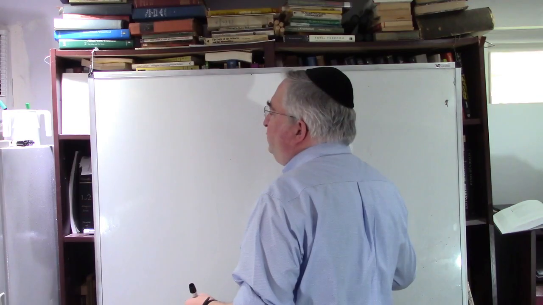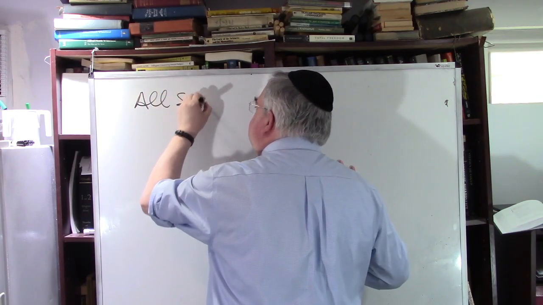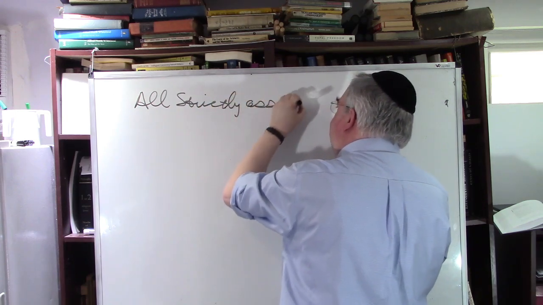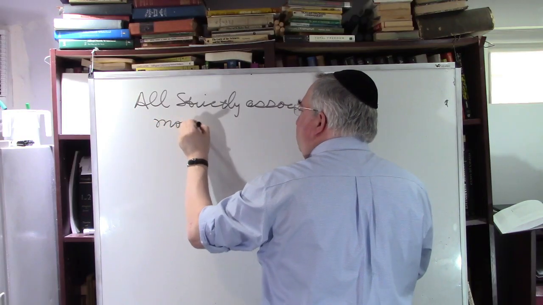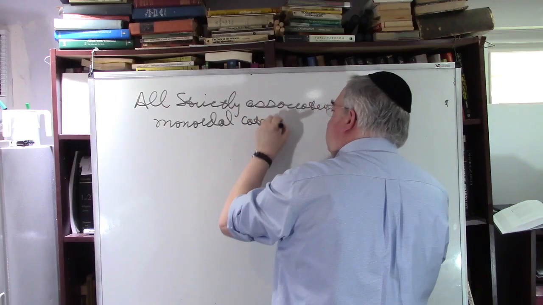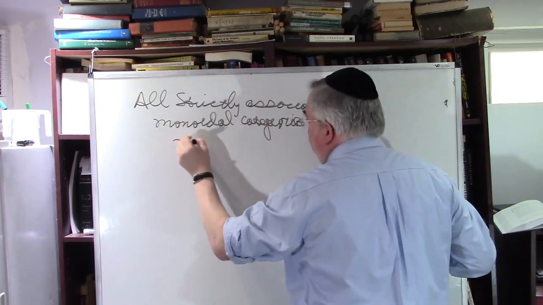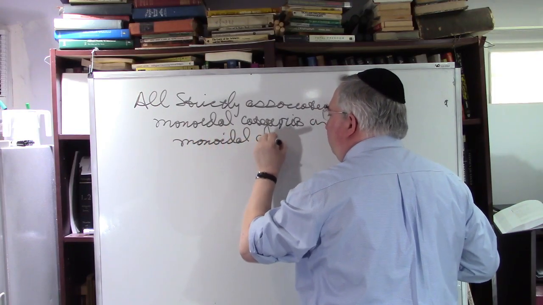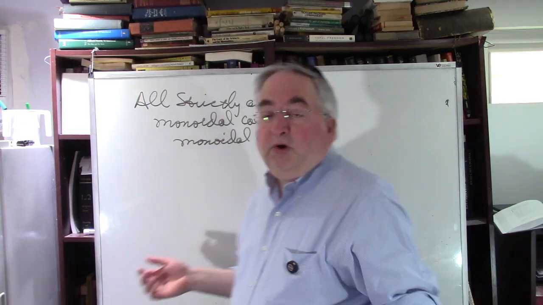Okay, so first example, all strictly associative monoidal categories are monoidal categories.